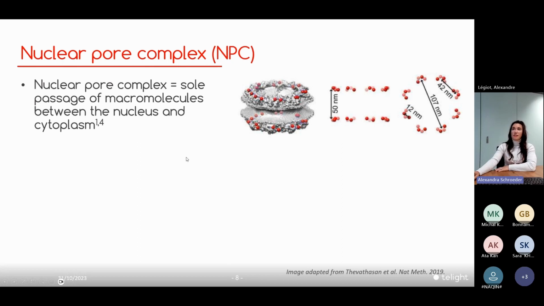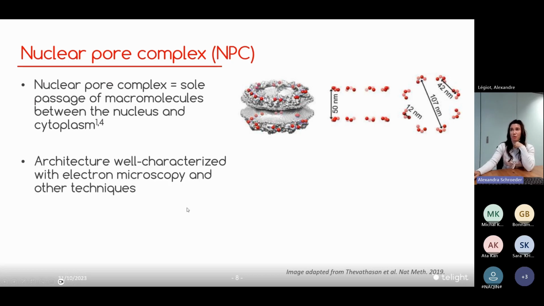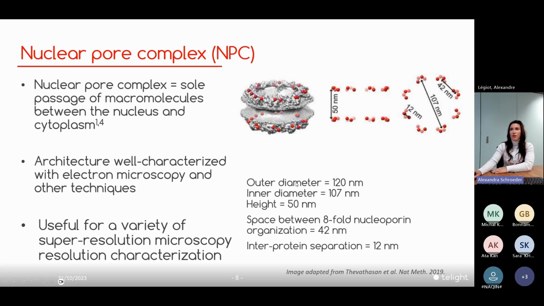This structure exists across the nucleus on the nuclear envelope, and it represents a porous structure that serves as the sole passage for macromolecules between the nucleus and the cytoplasm. So things are entering in and out here and being exchanged. It has the benefit that its architecture has been well characterized, especially with electron microscopy as well as other techniques.